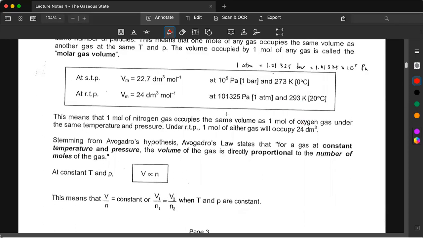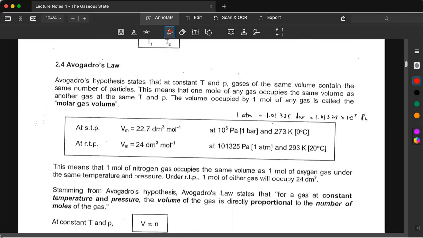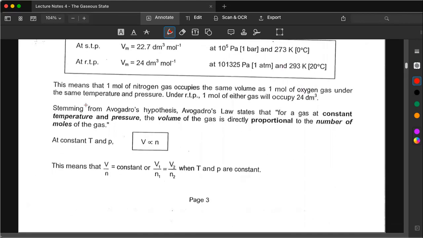So this means that 1 mole of nitrogen gas occupies the same volume as 1 mole of oxygen gas under the same temperature and pressure. Under RTP, 1 mole of any gas should occupy 24 dm cube based on Avogadro's law. Now, stemming from Avogadro's hypothesis, Avogadro's law states that for a gas at constant temperature and pressure, the volume should be directly proportional to the number of moles.